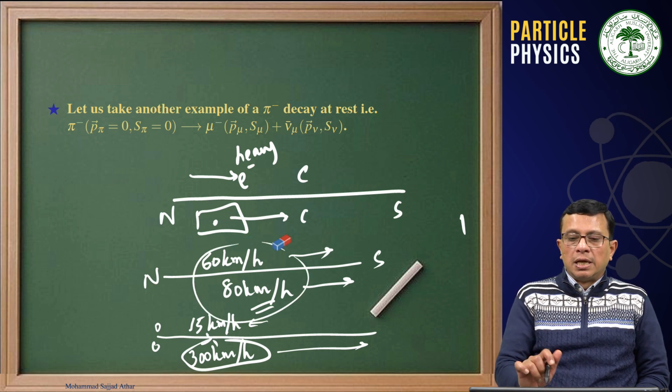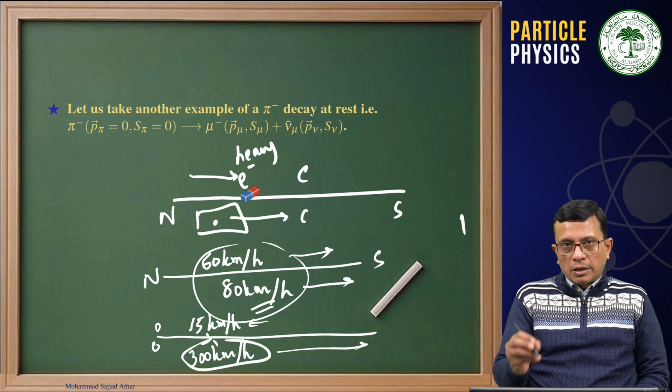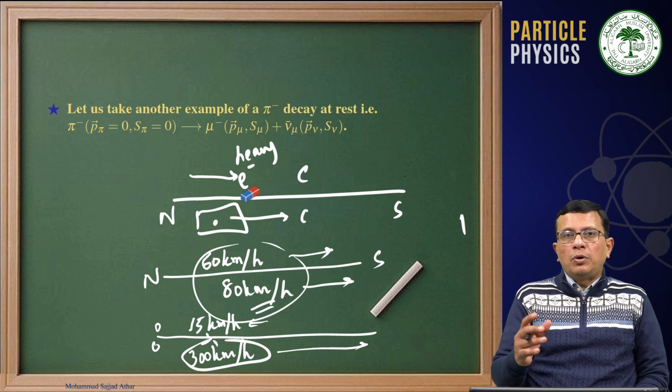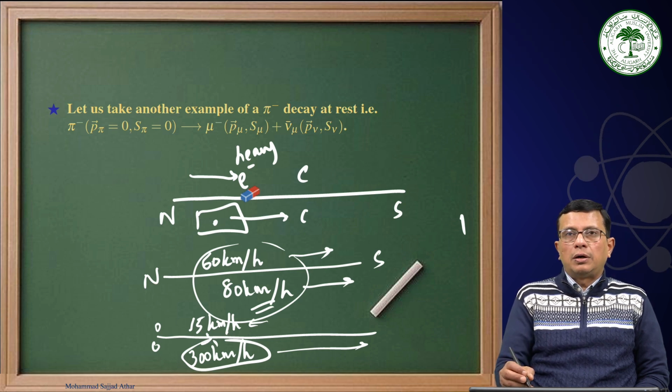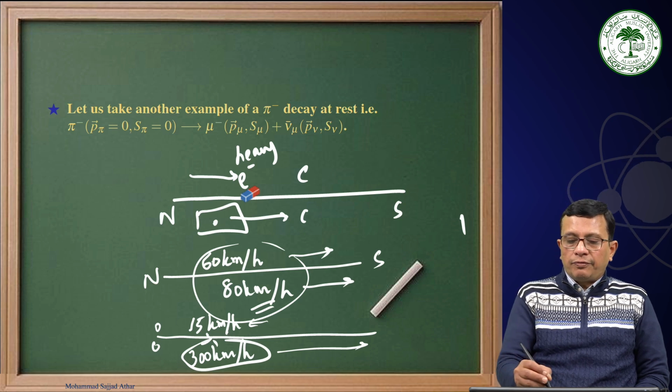Therefore, in principle, an electron which is moving towards south will have more chances to keep moving in the southern direction for the observer sitting in the frame of light.